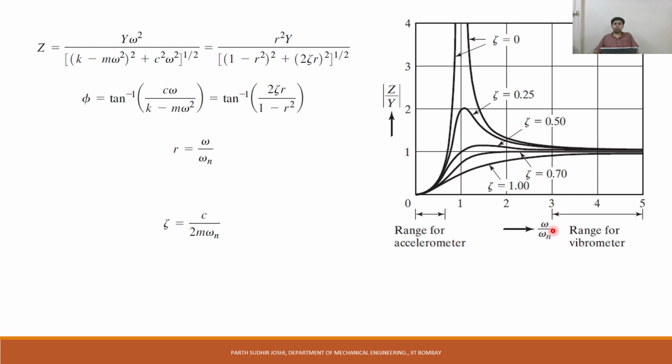So for a frequency ratio greater than 3, we can see that this ratio z by y is nearly equal to 1. That is called the range for the vibrometer.